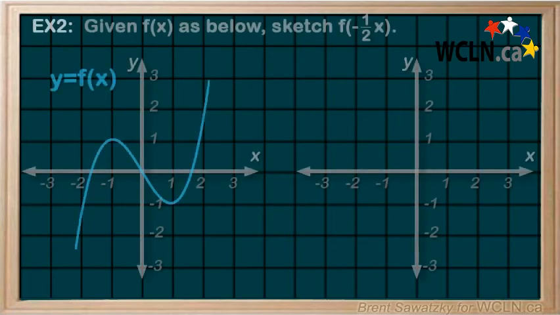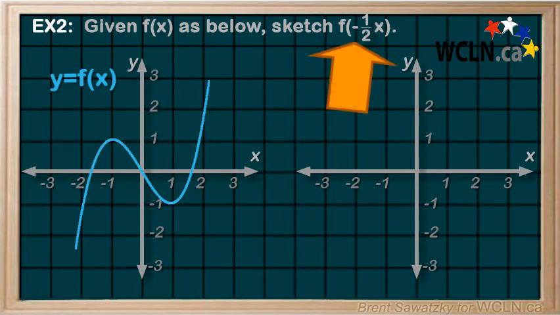Example 2. Given f in terms of x as below, sketch f in terms of -1/2 x. Now in this case, we're given a general function f in terms of x. It looks a lot like a cubic function, but we don't know the details, so we'll just work with our graph or points as shown. Now, first we see that we have a negative in with the x.